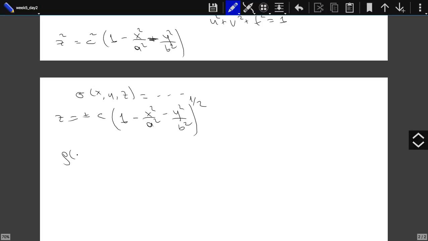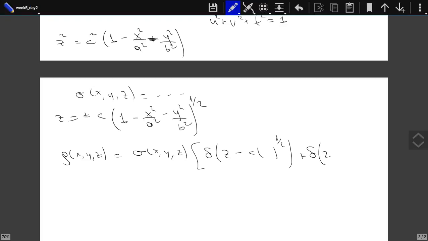So this volume density would be sigma of x, y, z times a Dirac delta. Well, the surface density is at z equal to c times that square root, or it is also at minus c times that square root.